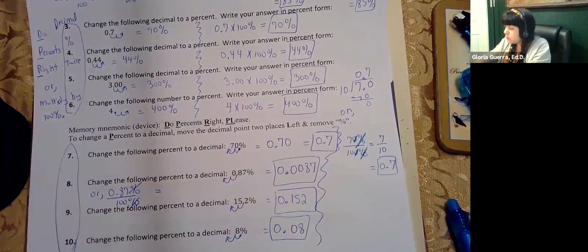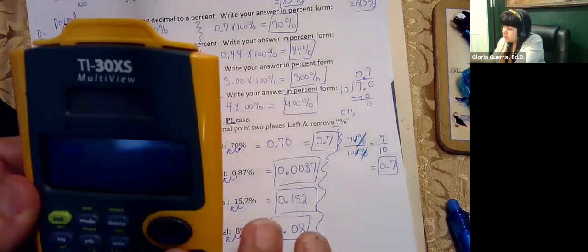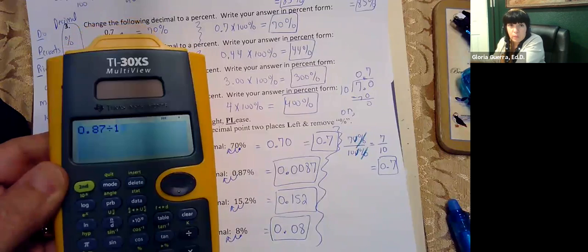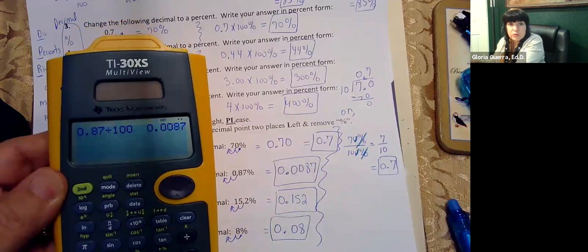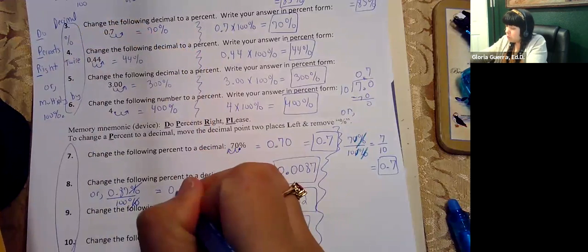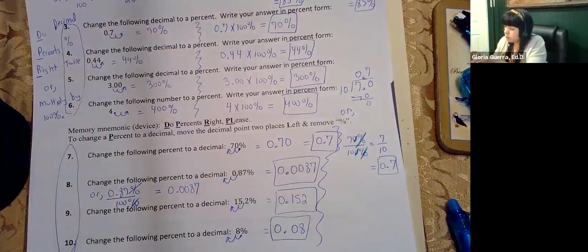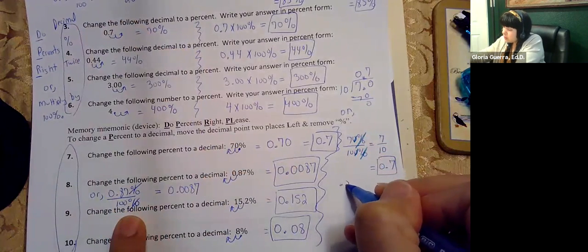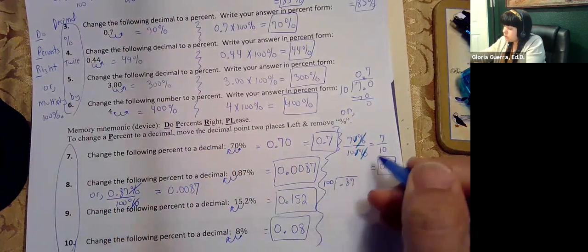So you have 0.87 divided by 100 gives you 0.0087, because you have 0.87 divided by 100.